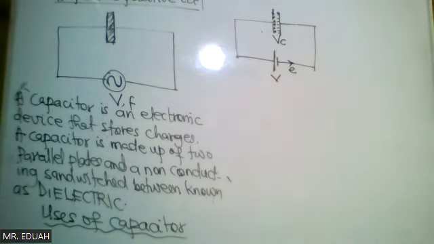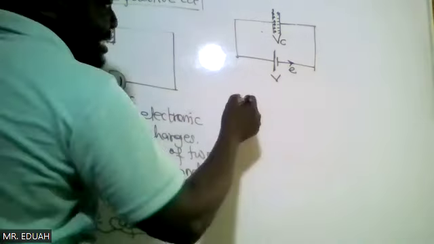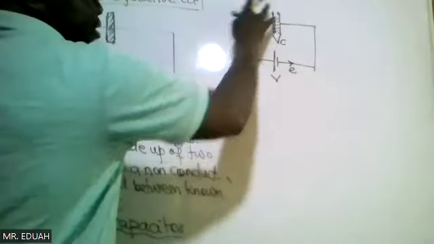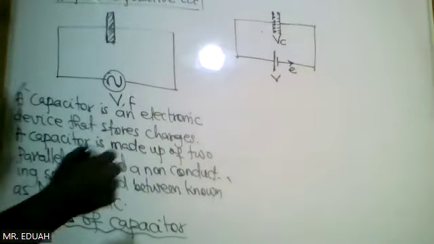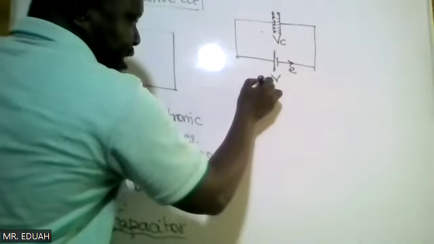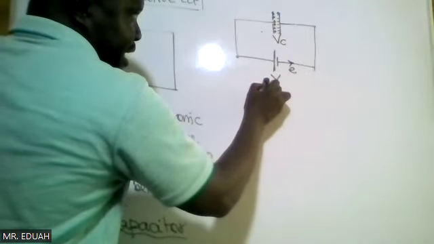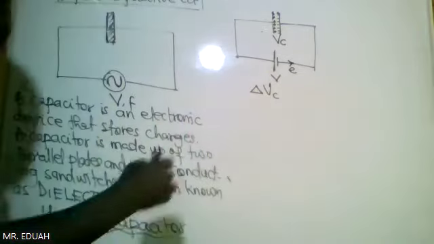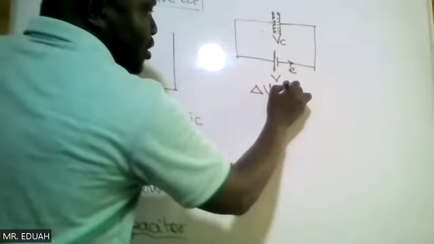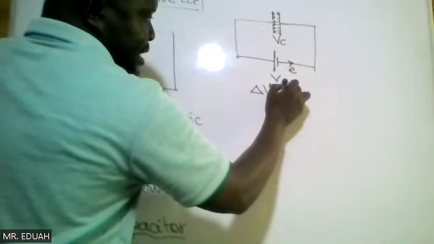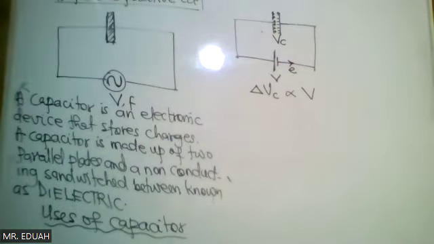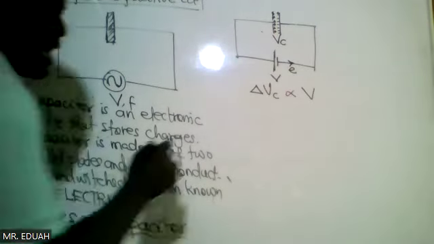Now, you realize that as the charges get built up on the plates, the voltage drop across the capacitor, delta V, with time will be directly proportional to the external voltage or the source voltage.